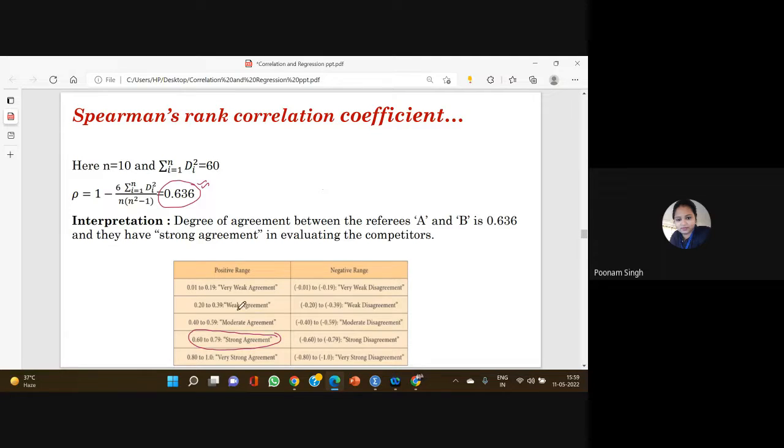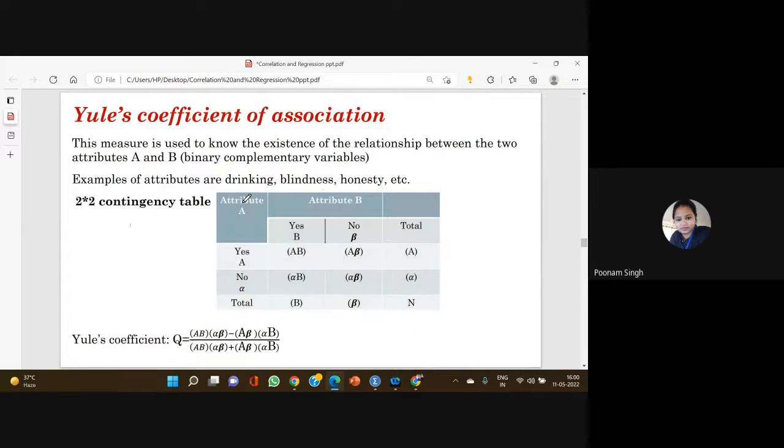So the degree of agreement between referee A and B is 0.636, and they have strong agreement in evaluating the competitors. In this way, the value can be computed and interpreted. This is about Spearman rank correlation coefficient.